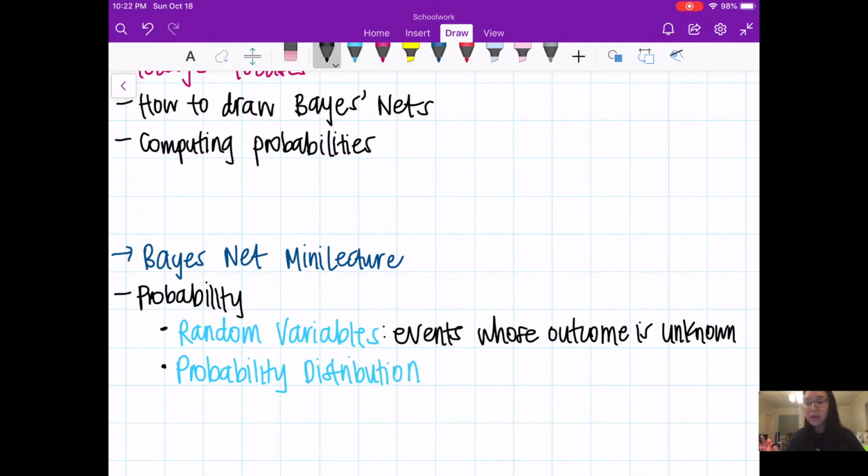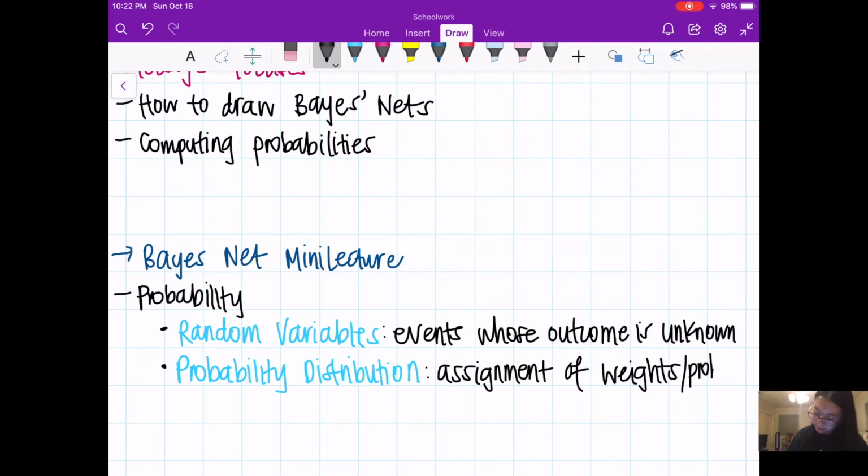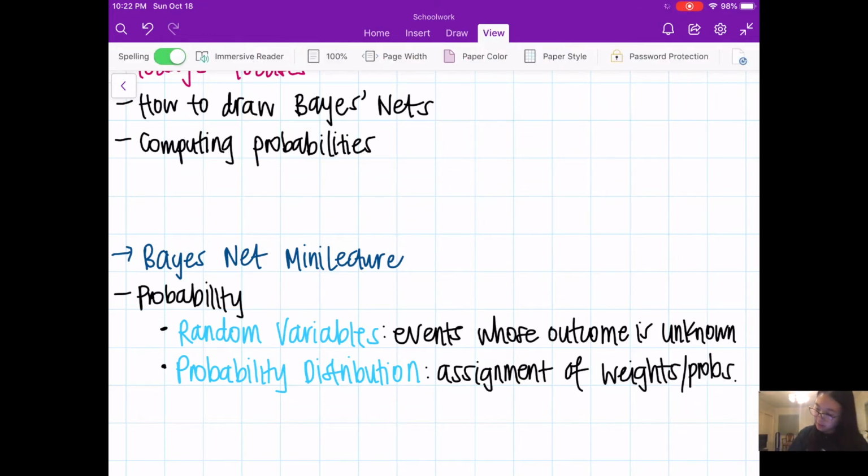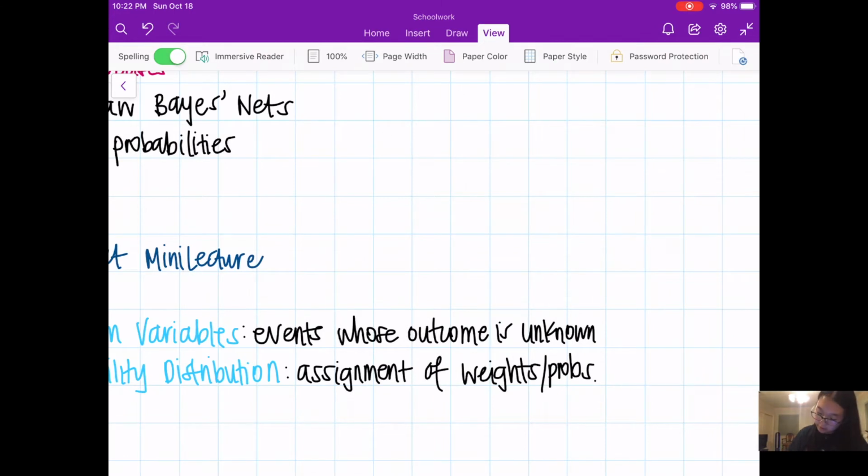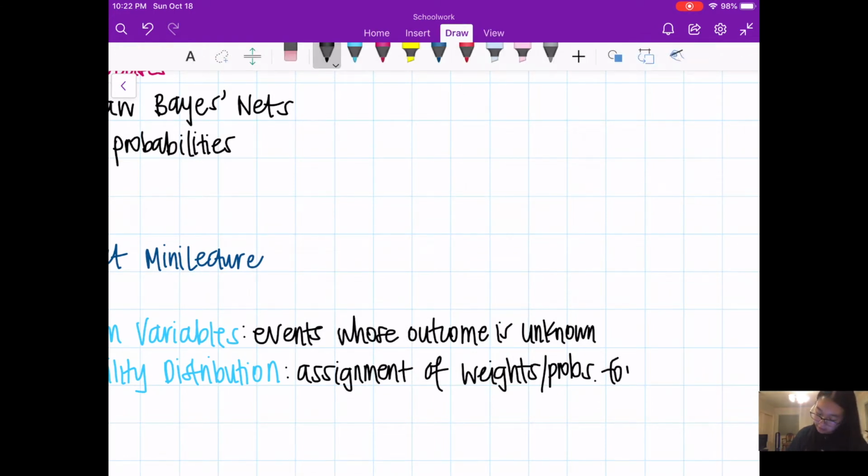A probability distribution includes an assignment of weights, or you can also think of them as probabilities, I'm just going to abbreviate with probs, for each outcome.